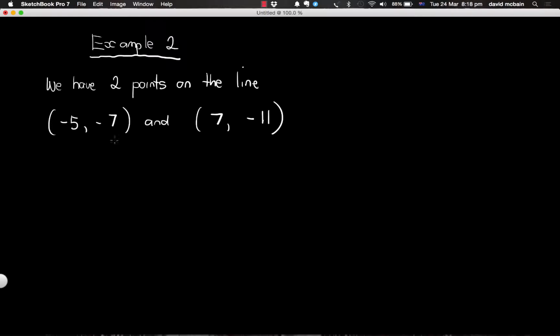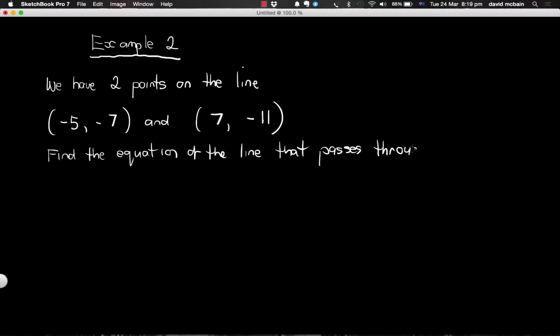We have to find the equation of the line that passes through those 2 points. That's the question. Find the equation of the line that passes through these 2 points.